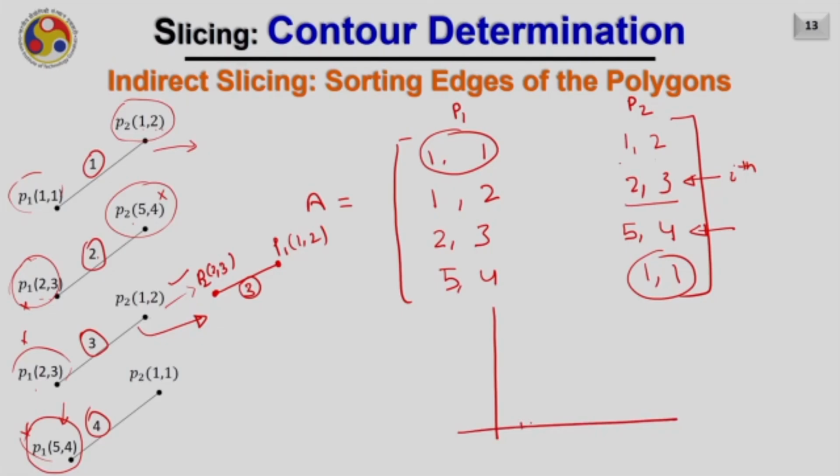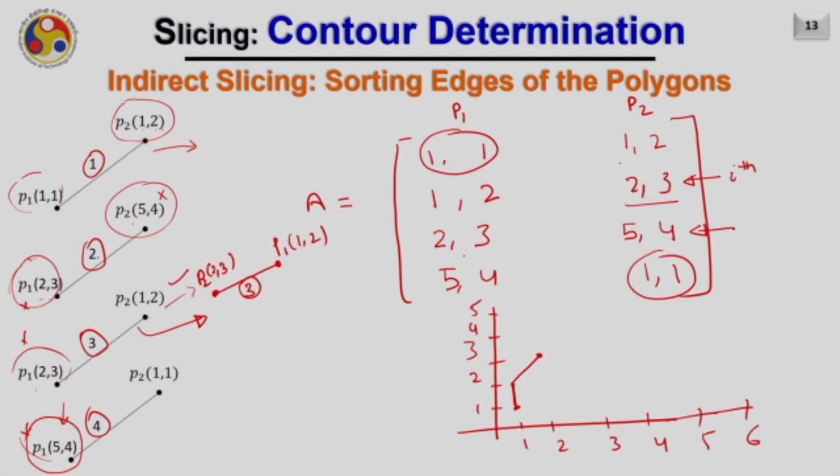Now, if you draw, for example, this is 1, this is 2, this is 3, 5, 6 and similarly here 1, 2, 3, 4, 5. This is my point, and then 1, 2, 1, 2, this is my one line. Next line consists of 1, 2, that means this point, and 2, 3, that means somewhere here.